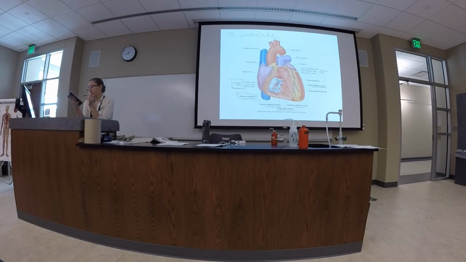Another modified trabecula is the septomarginal trabecula, which again will be important when we're talking about the electrical conductivity of the heart, as it provides a bridge from the septum to the papillary muscles, and we'll talk about that in a little while.